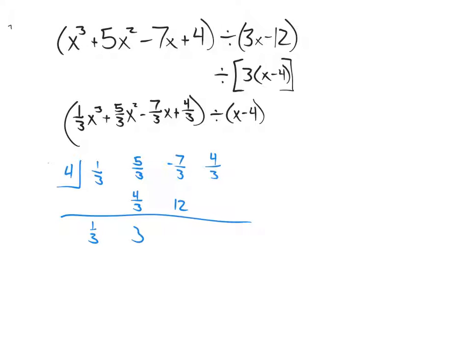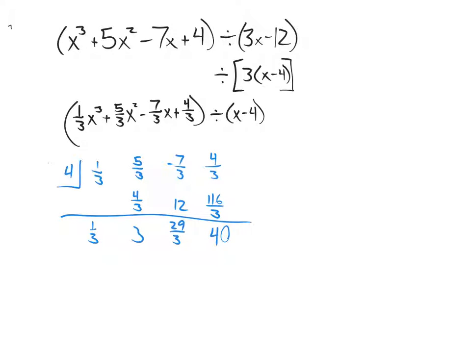Okay? Negative 7/3 plus 12. That's going to be 36/3. So 36 minus 7 would be 29/3, right? And then times 4 would be 116/3. Yeah, that's a lot. And then you add down, and you get 120 over 3, which happens to be 40.